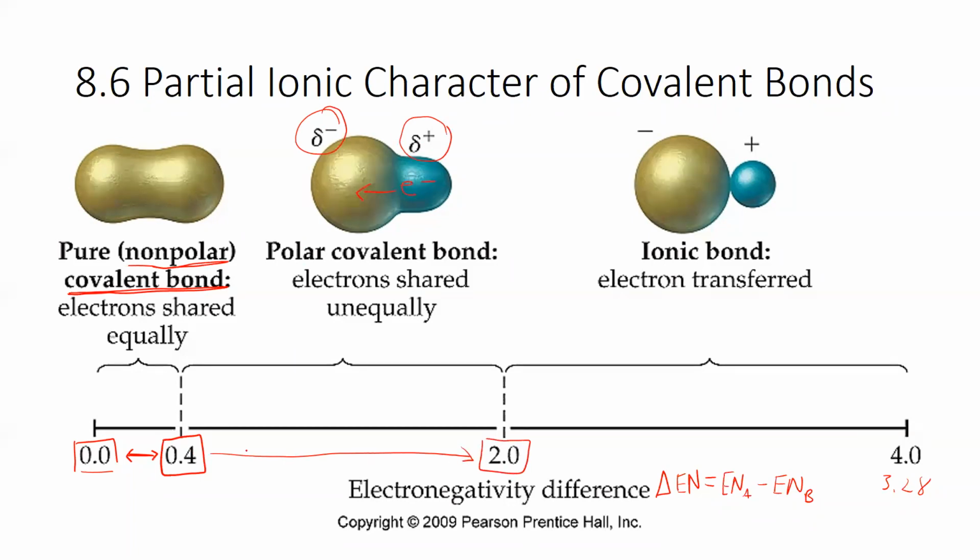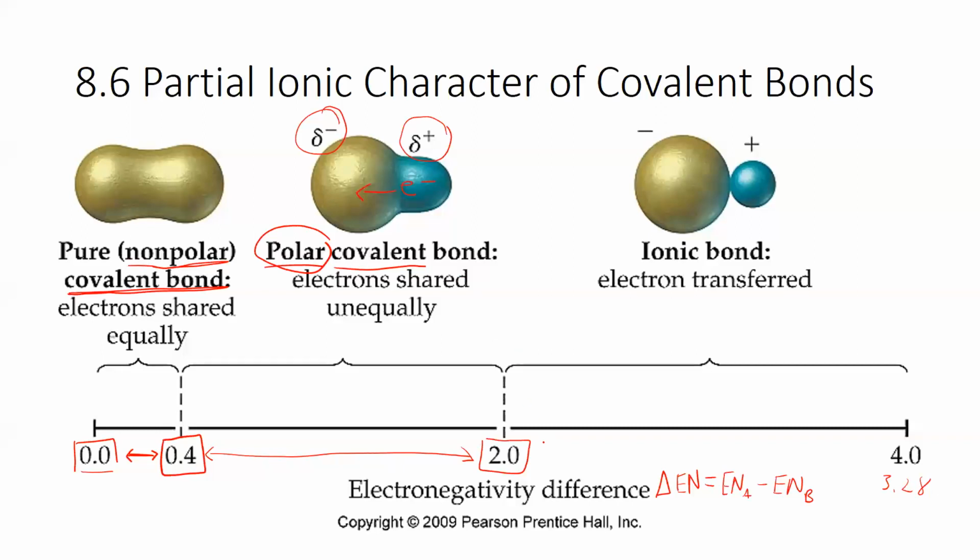Again, these are arbitrary cutoffs. Some people may talk about them in a different way, but between 0.4 and 2 is when you're going to wind up having a polar covalent bond. The polarity comes about because of that uneven sharing of the electrons, okay?